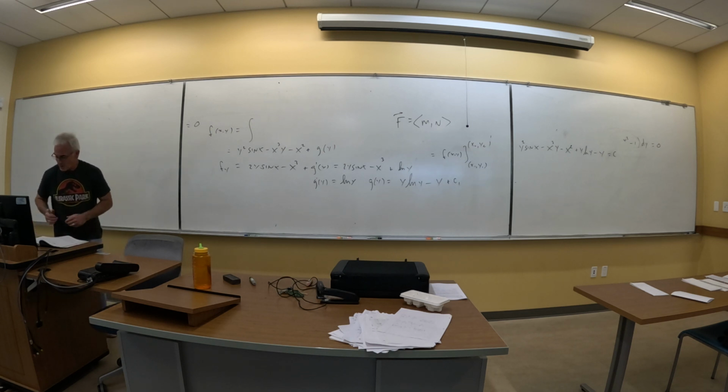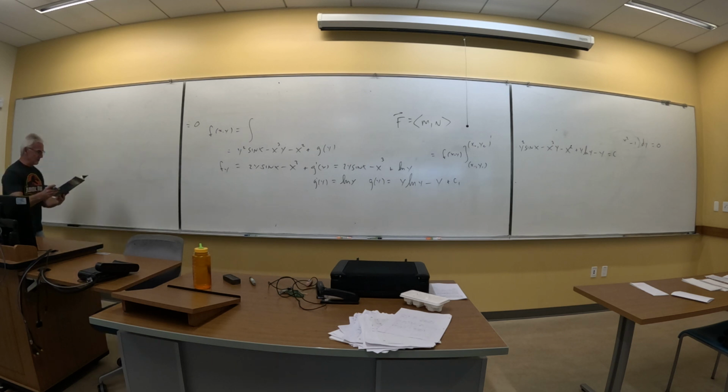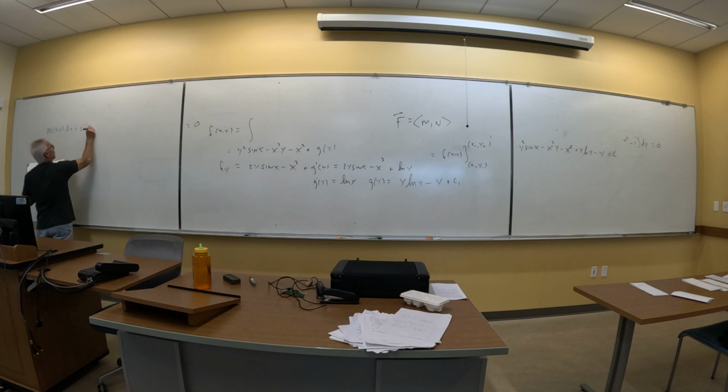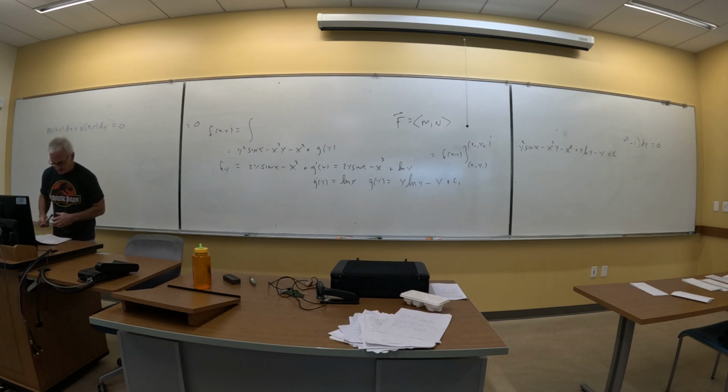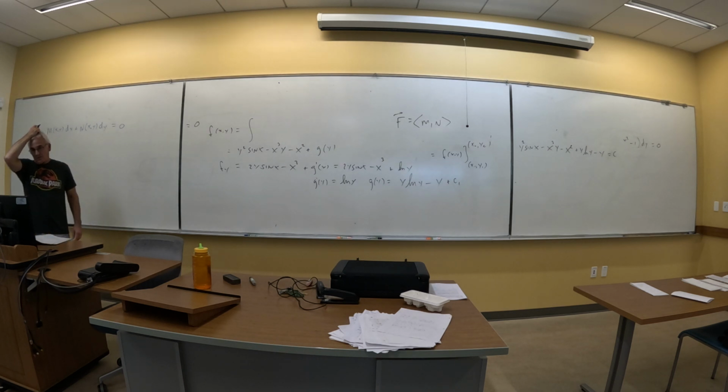So, I want to walk you through the process. I'm going to use the notation that the author's using for the most part, because it is what we're doing already. So I'm going to go back to this: M(x,y) dx plus N(x,y) dy equals 0, and let's assume the existence of an integrating factor.